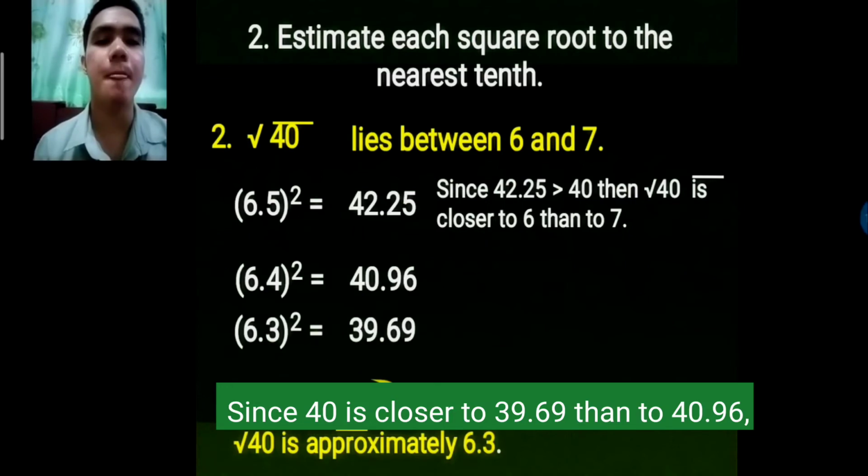Okay? So, as you can see, 40 is between 40.96 and 39.69, but 40 is closer to this value than to 40.96. Therefore, we will choose 6.3, and that is our approximated value. Square root of 40 is approximately 6.3.